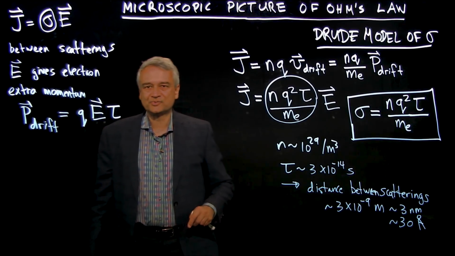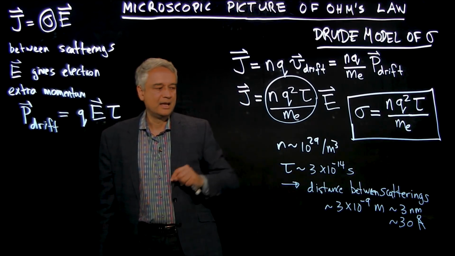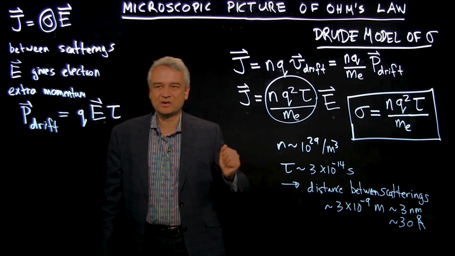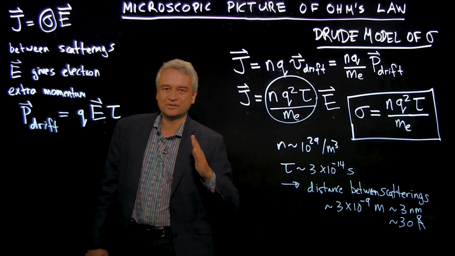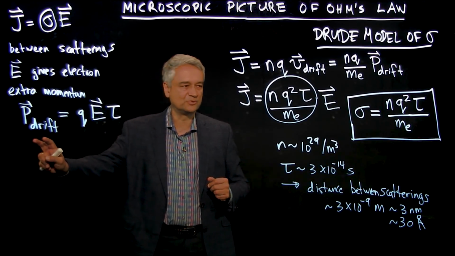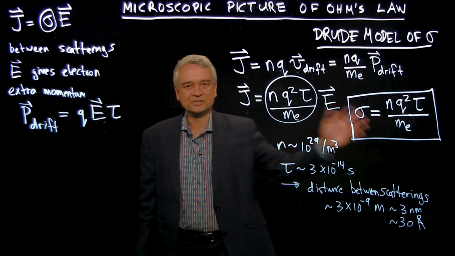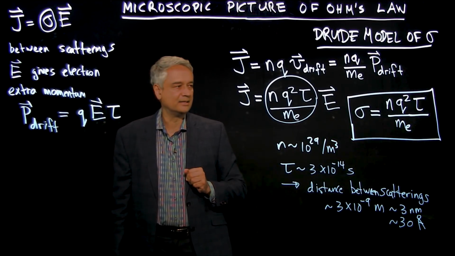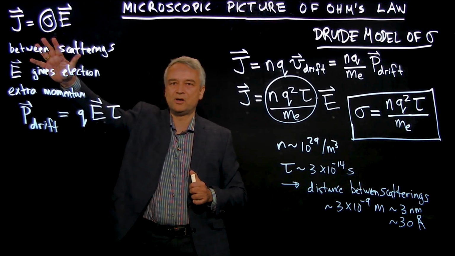About every 30 angstroms, which is 30 times the size of a copper atom, they scatter. And between scatterings, their trajectory is curved very slightly by the electric field. And it's that force that the electric field applies, curving the trajectory, which gives you a small drift momentum, a small drift velocity, and which is responsible for the conductivity of copper, which turns out to be given by this expression. And this then is the way we relate the microscopic properties of a material like copper to a macroscopic law like Ohm's law.